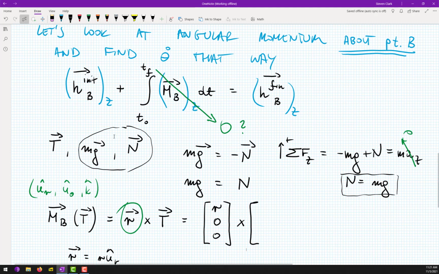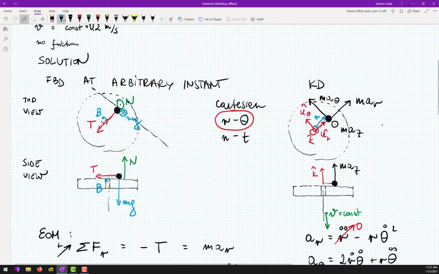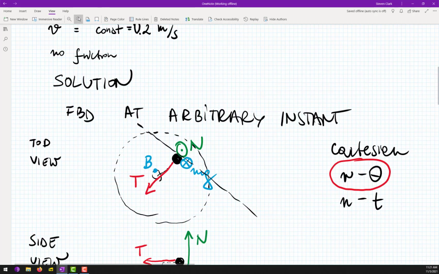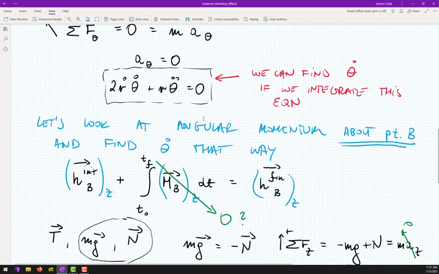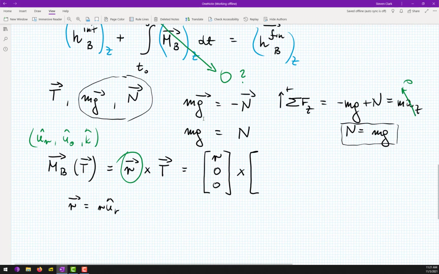So if I scroll up the board and look at this drawing, you can clearly see that T will have components minus T, 0, 0. Okay, let's do our determinant.